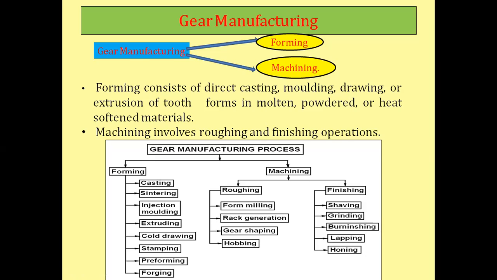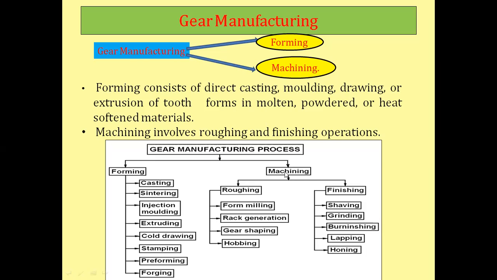Where the force required is less or the size of the gear is small, you deform the material in cold condition. That is a cold forming process. And when you deform the material by heating it, that process is called a hot forming process.